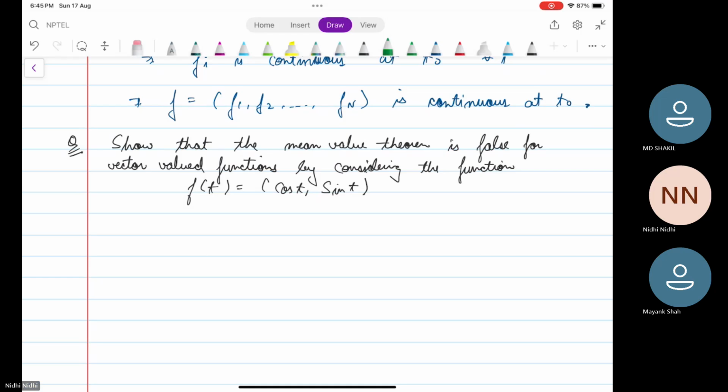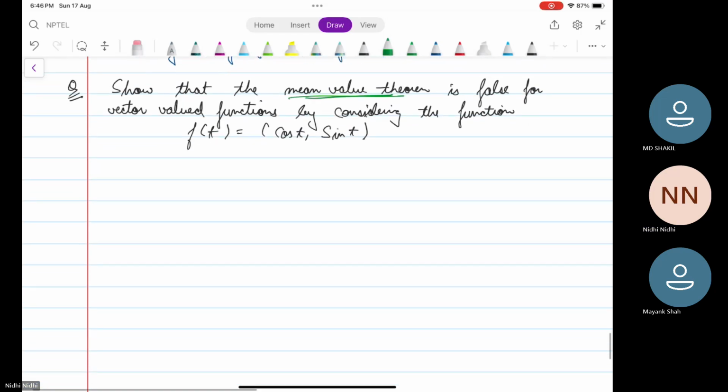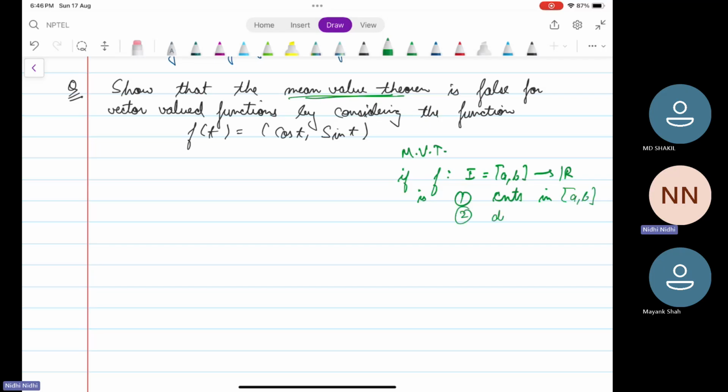So let's recall our mean value theorem. It states that for real valued functions, if f from an interval a to b to R is continuous in the closed interval [a, b] and differentiable in the open interval (a, b), then there exists some c in (a, b) such that f dash c is equal to f of b minus f of a by b minus a.